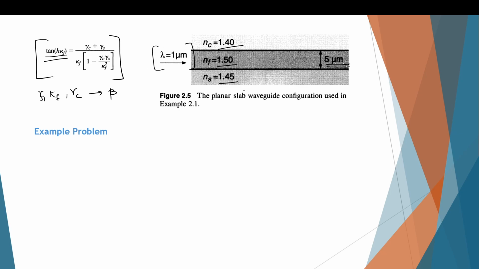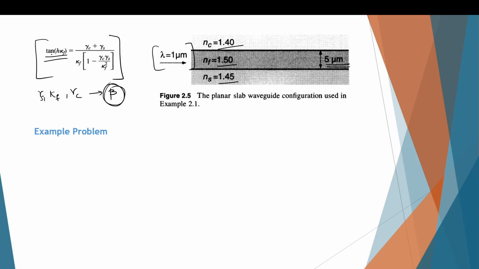So if I know all these things, can I find the possible values of beta from this equation? It turns out that is possible, and we can do it simply by using some numerical techniques. So I'll just write down all these things in terms of beta first, or in terms of kappa.